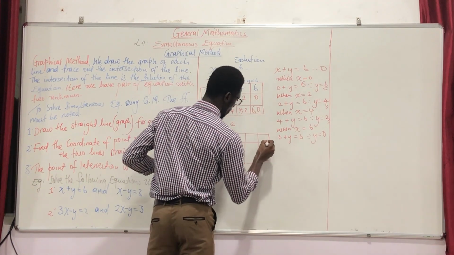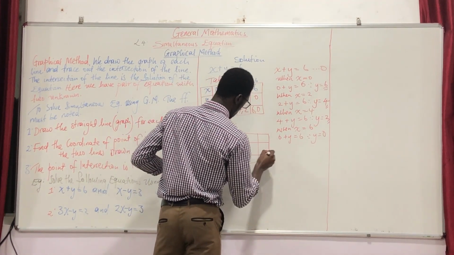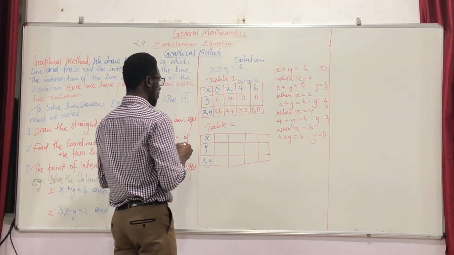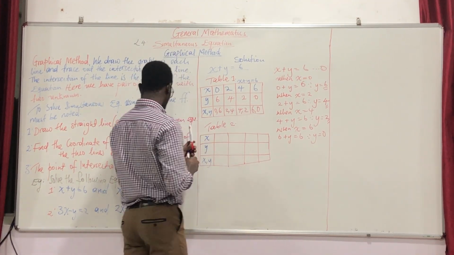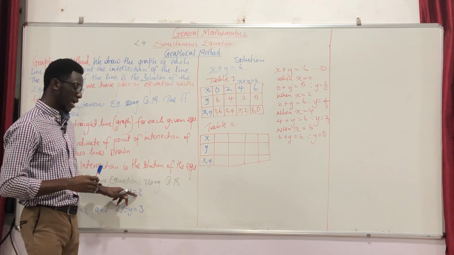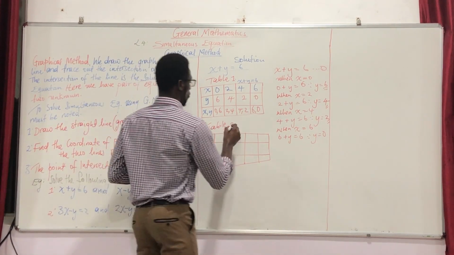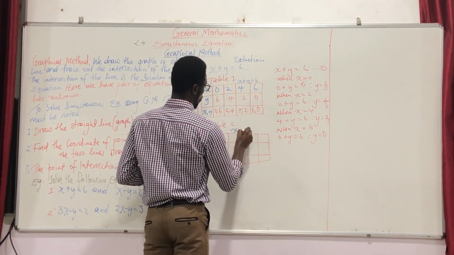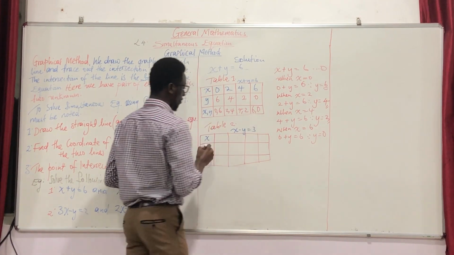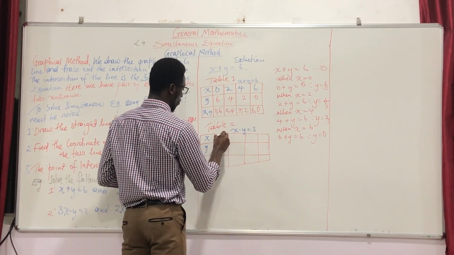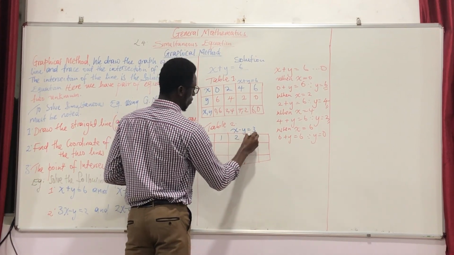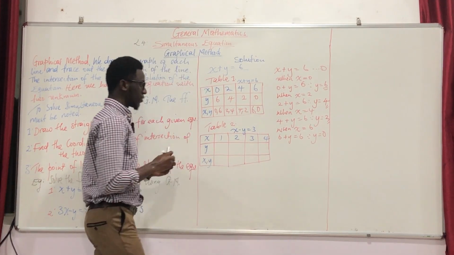Now, let's say our equation here is x minus y equals 3. So x minus y equals 3. Let x start from 1, then 2, 3, and 4.